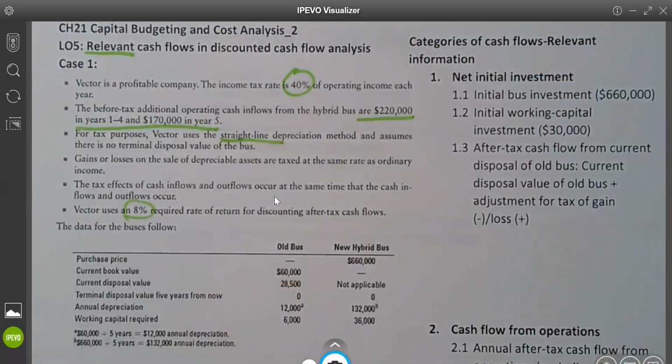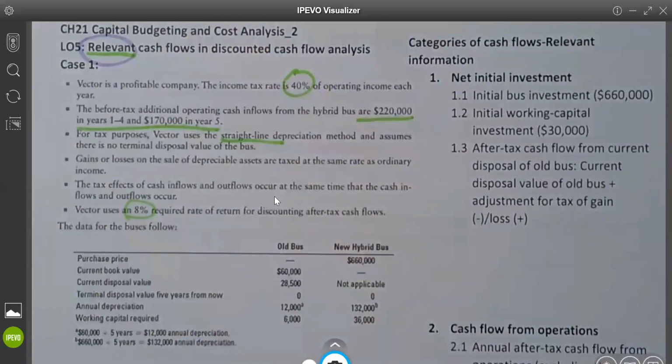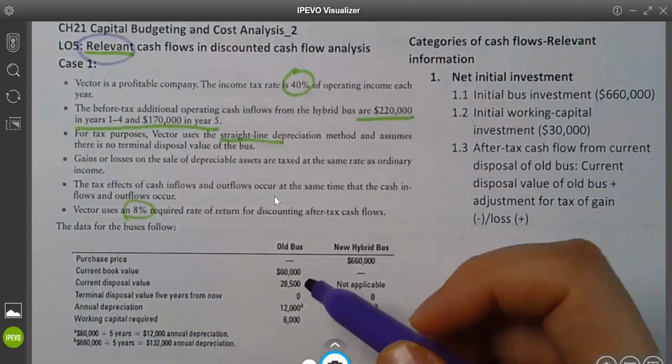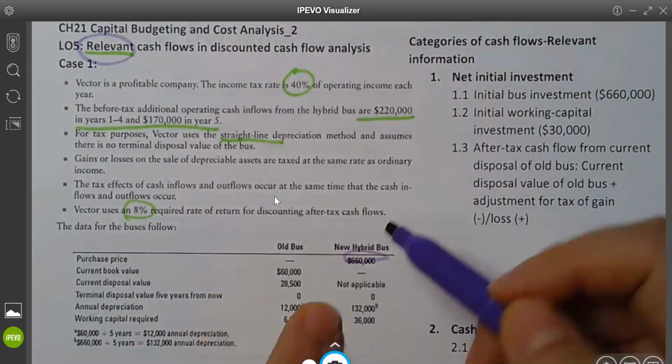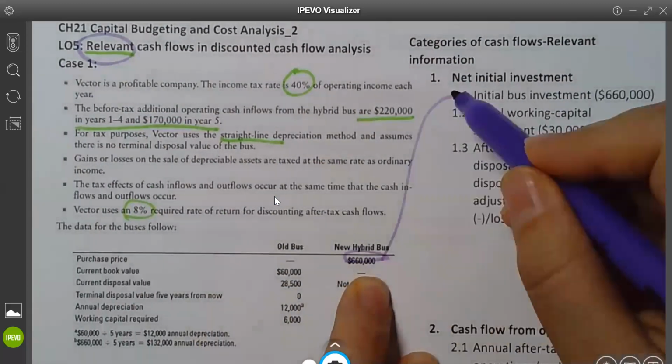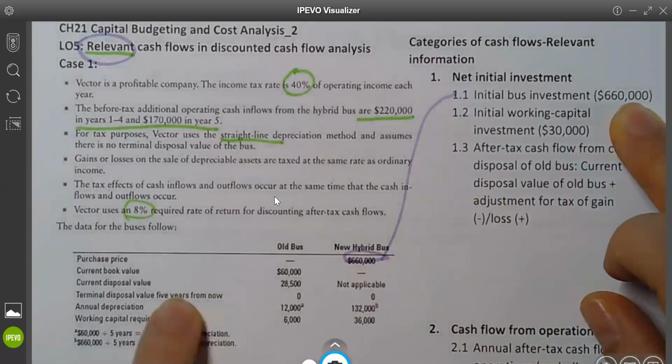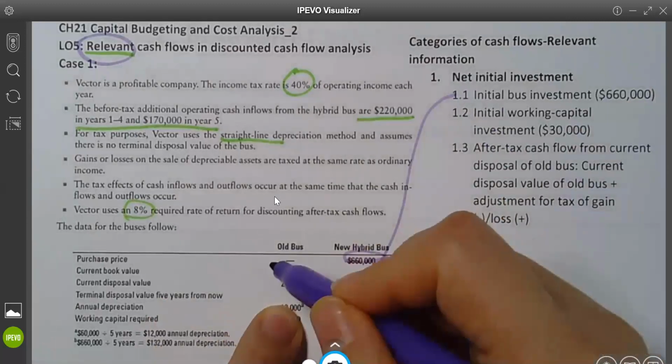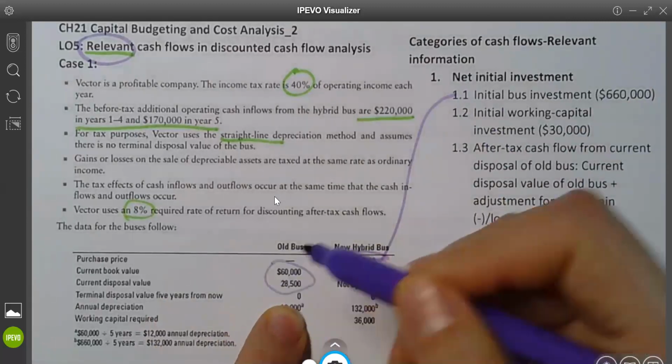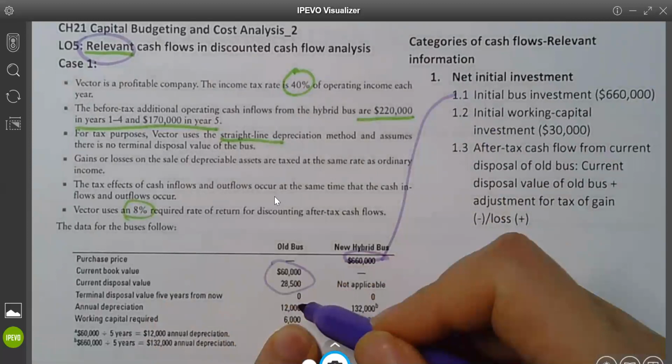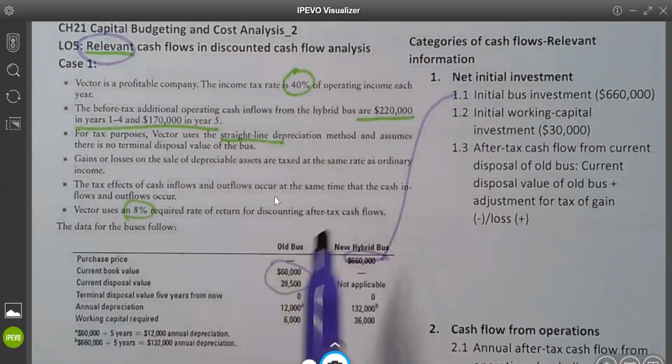Remember, we focus on the relevant cash flow. So the purchase price is 660,000. So that will be your purchase price, right? And then your old one, book value, selling price, right? So your depreciation expense, the taxable, is calculated for you.